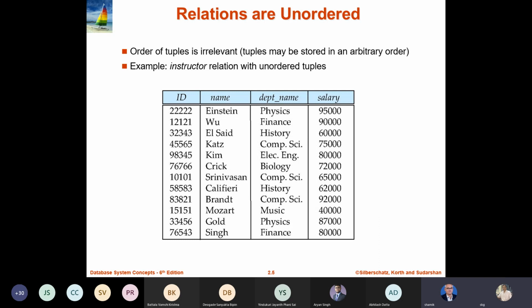But as of now, these relations, these tables, do not have any constraint that they need to be ordered. If it is ordered, it may be easier to search, etc. That is for later. So typically the instructor relation is an unordered set of tuples. As and when the data comes, it is pushed into this particular relation.